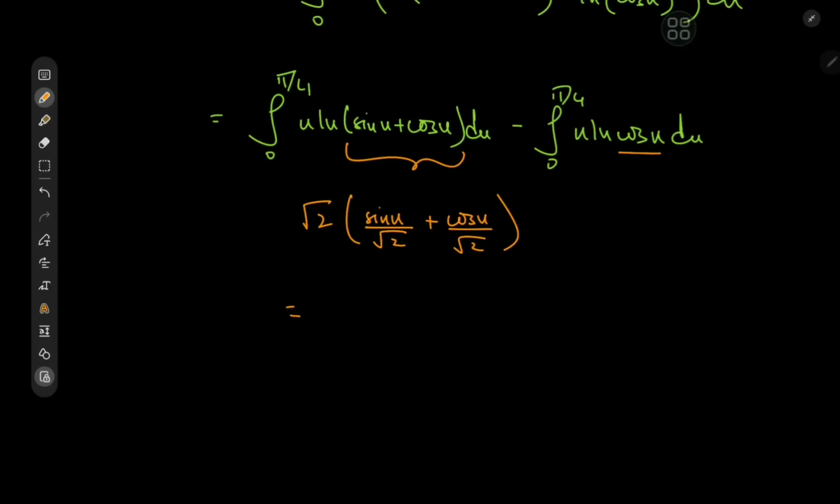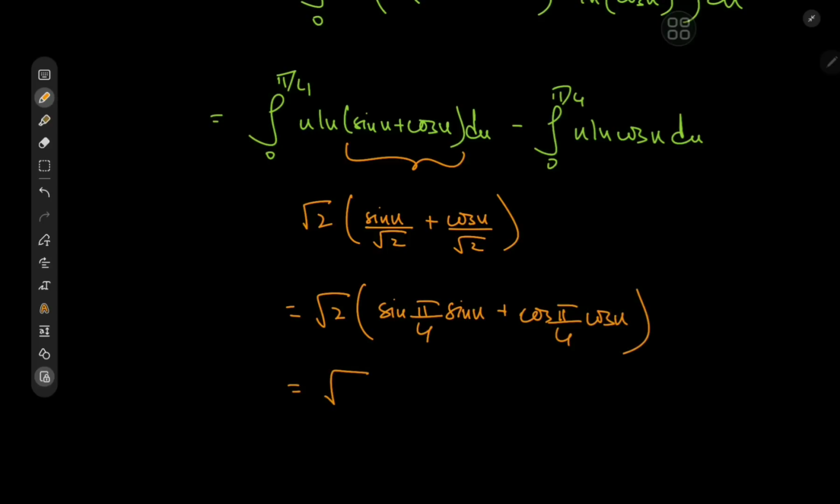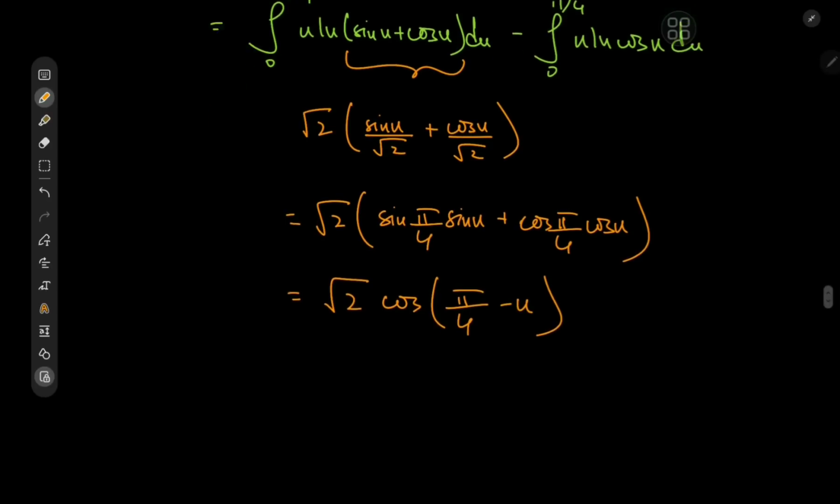And the other integral has a cosine term, so I might as well write this as the cosine of one thing minus another thing. So I have root 2 of sine pi by 4 times sine u plus cosine pi by 4 times cosine u. So that means this can be compressed into root 2 cosine of pi by 4 minus u, which is pretty cool.